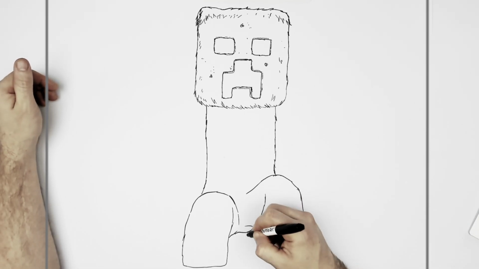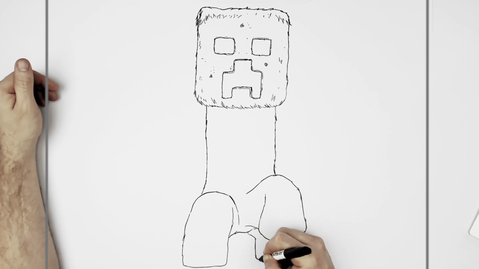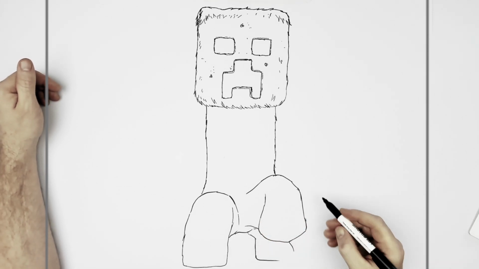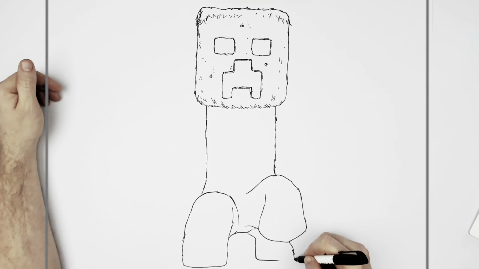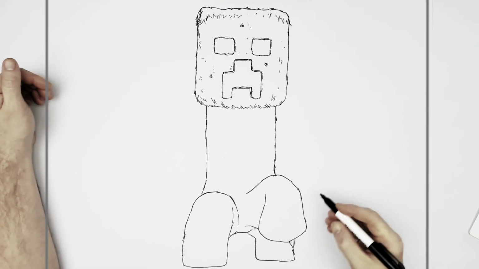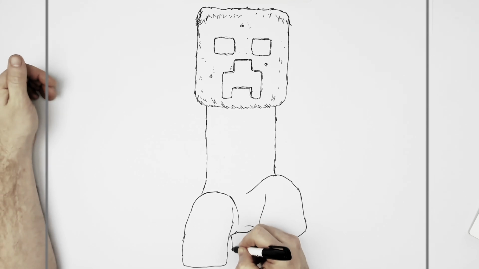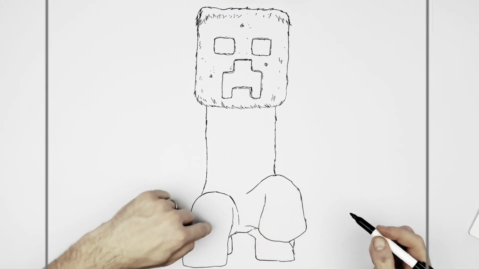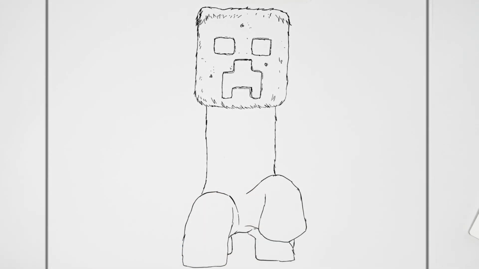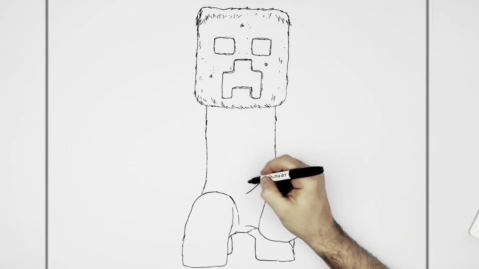And then we can see a back foot, a square foot down here. And then I think we can see one toe for the back foot behind that one. And that's your shape basically for his body, right?